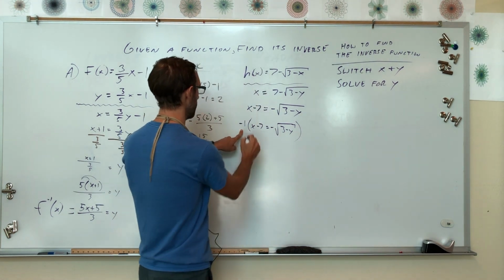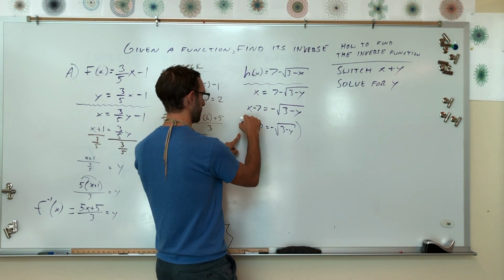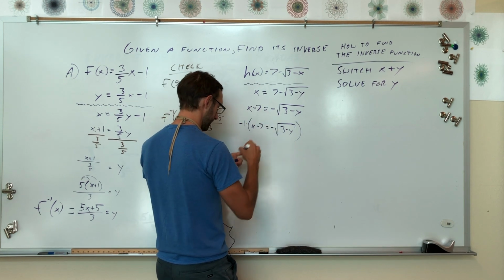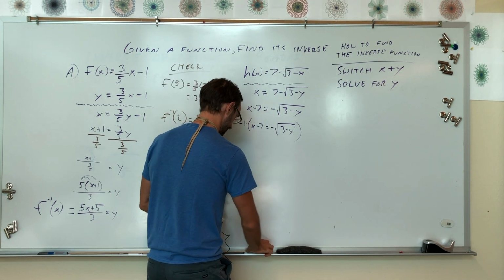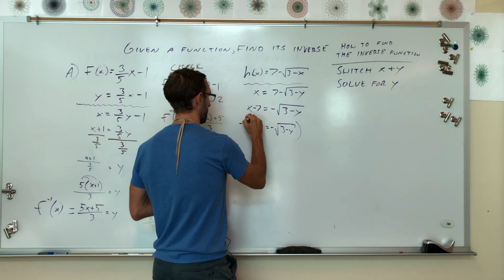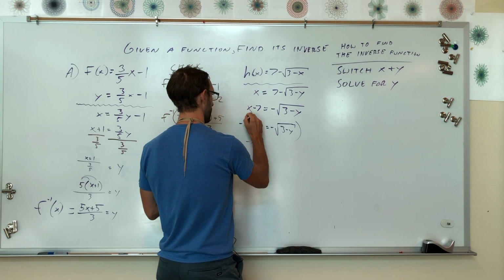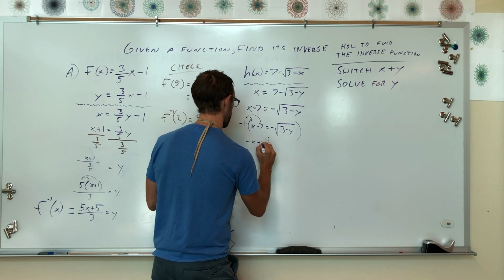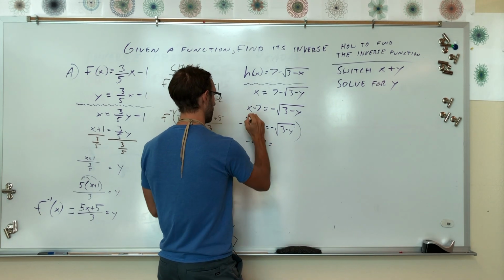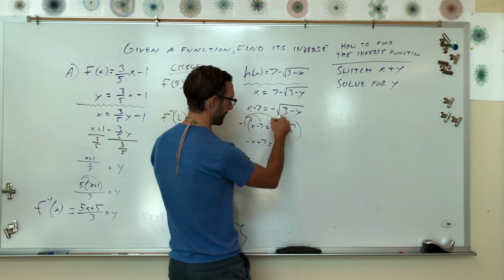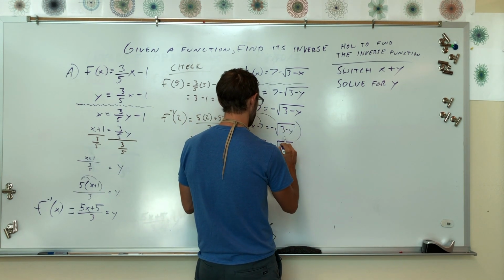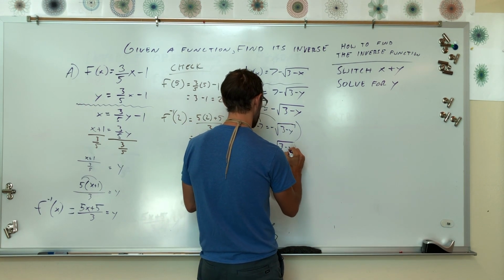That negative 1 is going to get multiplied into every single term in our equation. Negative 1 times x is negative x. Negative 1 times negative 7 is positive 7 equals negative 1 times the negative root business, which is positive root 3 minus y.